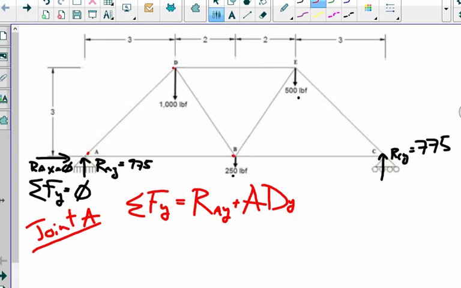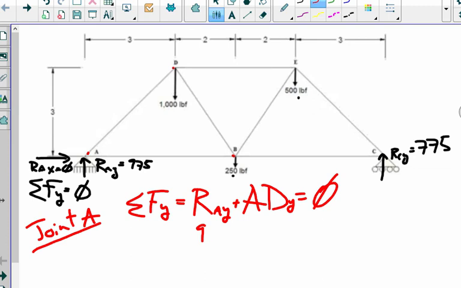Okay? So what else do we have? Well, all we have vertically is RAY that's getting pushed up on that joint, and we have AD, the vertical piece. Those are the only two vertical pieces we have. Okay? All right. So that means we say that's equal to 0. Well, we already know that RAY is 975. So we can plug that in.